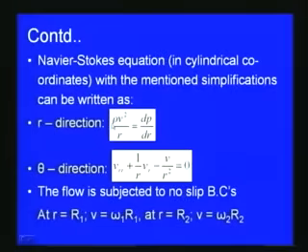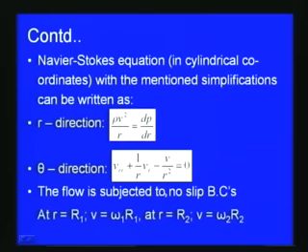In the r direction we can write ρv²/r = dp/dr, and in the θ direction we can write d²v/dr² + (1/r)dv/dr − v/r² = 0. The two subscripts show the second derivative and this is the first derivative: v_rr + (1/r)v_r − v/r² = 0.